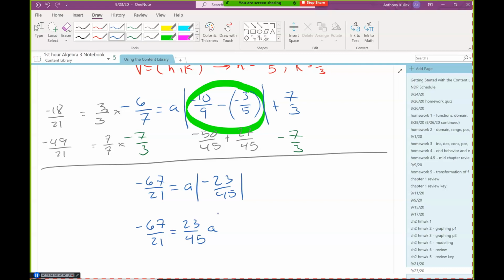And now the last thing to do to get the a by itself would be to get rid of that coefficient. So you could divide by 23/45, or what's probably an easier way to think about that is to multiply by the reciprocal.